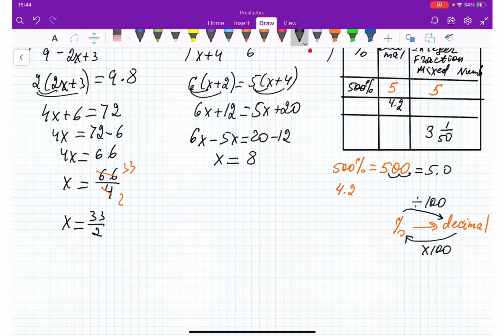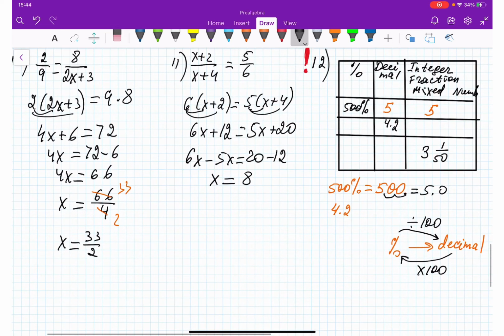So 4.2, if I want to convert to percentage, moving 1 position and then 2 positions, it's going to be 420. And we get 420%.